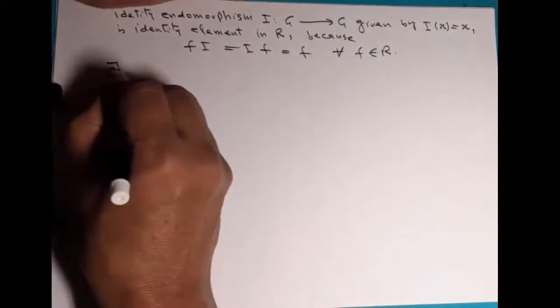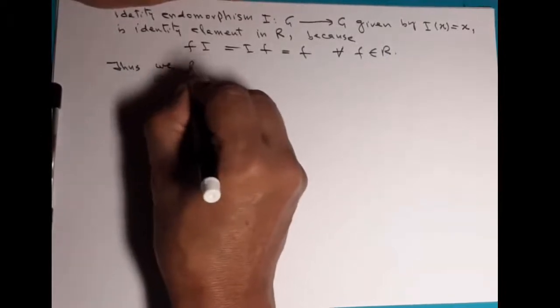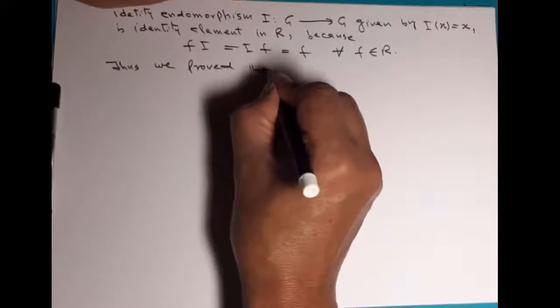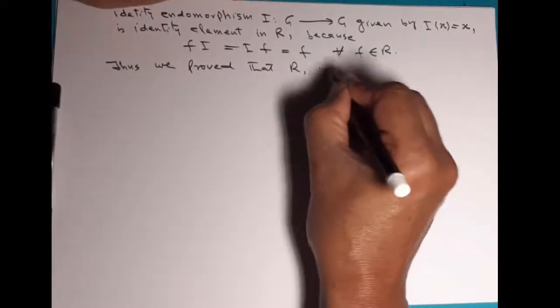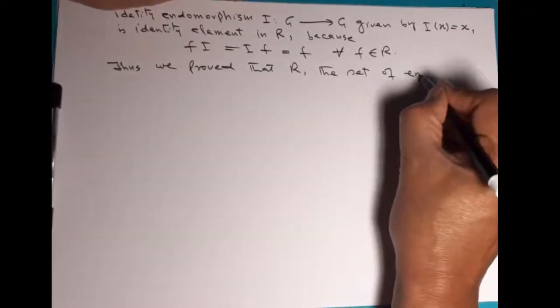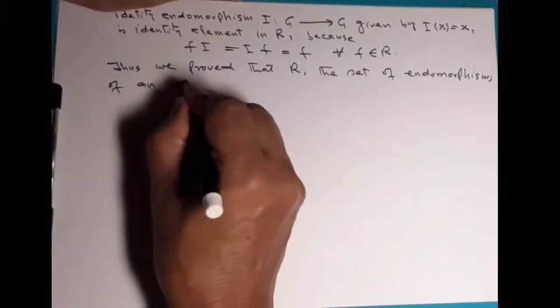Thus we have proved that R, the set of endomorphisms of an abelian group.